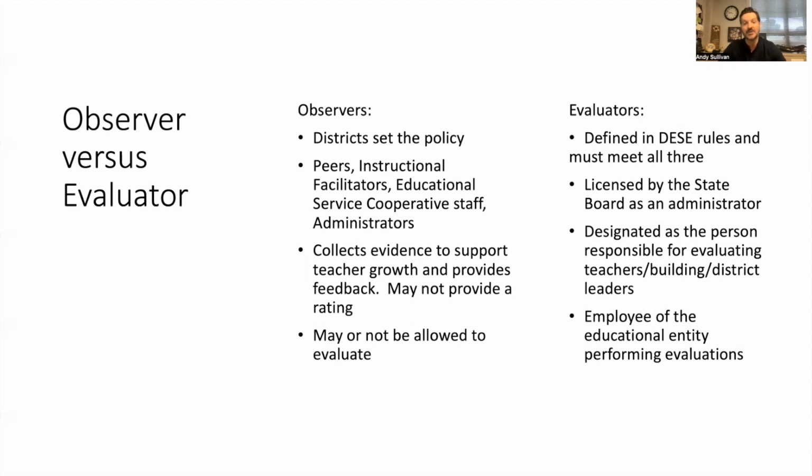So these are in rules. So the first is that if you are going to be an evaluator, you must be licensed by the State Board of Education as an administrator. So it is on your Arkansas educator license. Second, your school district has to designate you as the person responsible for evaluating teachers, building, or district leaders. And then finally, you must be employed by the educational entity.